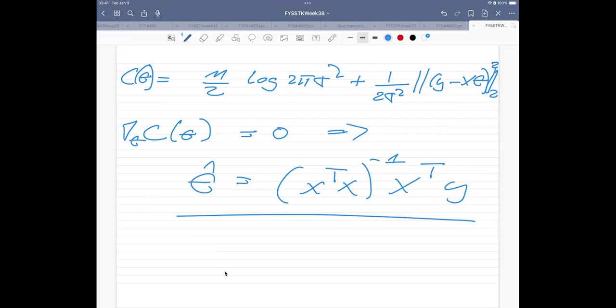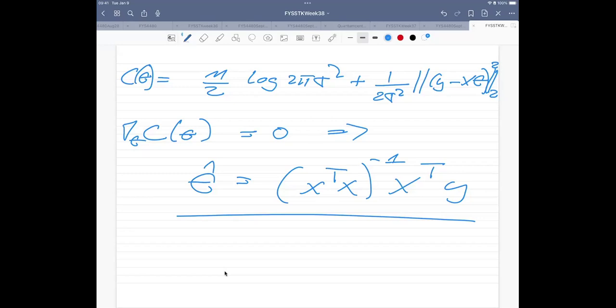This is one of the reasons why we like these linear regression cases so much, because you can catch so many birds with just one stone. And now we have the probabilistic approach to deriving the same equations.